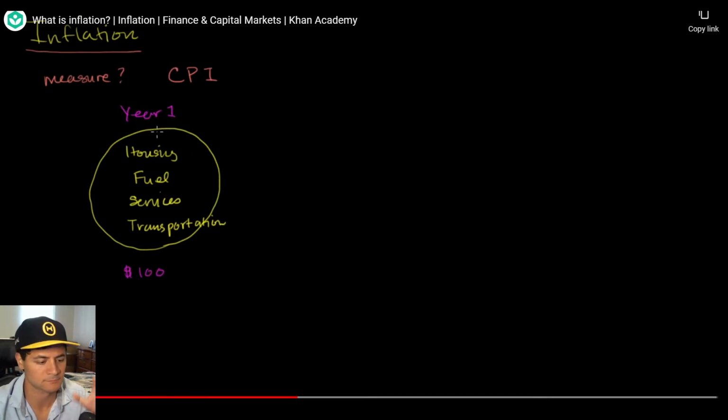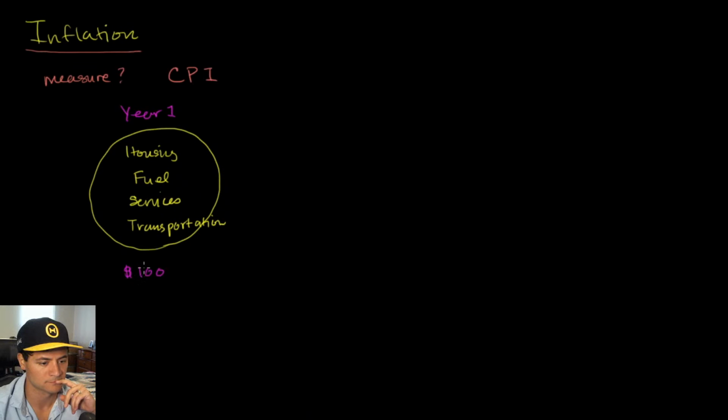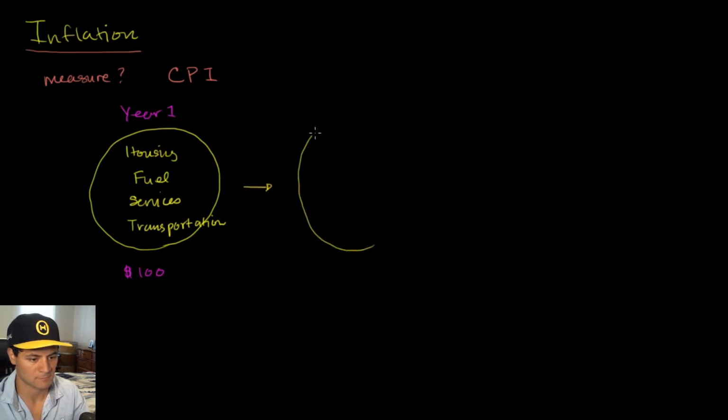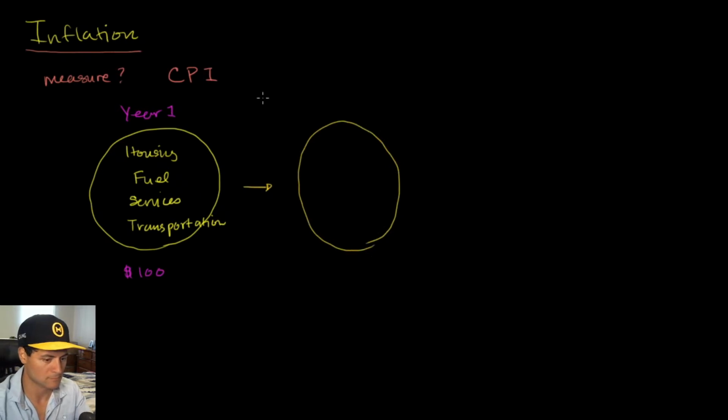The CPI constructs would not cost $100, but I'm going to do this for the sake of simplicity. And they'll weight these based on what percentage they think people spend on housing versus fuel versus services versus transportation. Then they'll look at the same basket each year after that. So then they'll do the same things: housing, fuel, services, transportation. And then this would be in year two now.